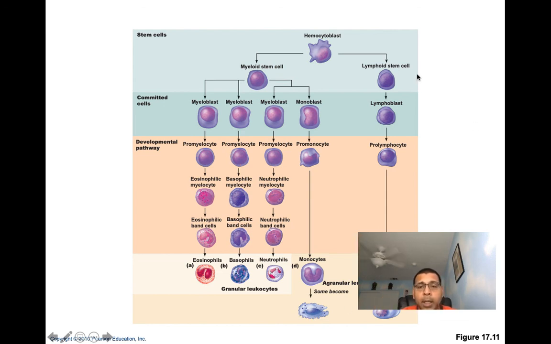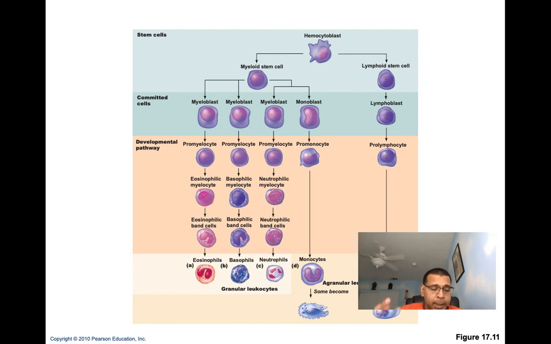Same thing with lymphoid stem cells: lymphoblasts, prolymphocytes, and then lymphocytes. Some will go on to become plasma cells and give rise to antibodies. So you can see that there very nicely.